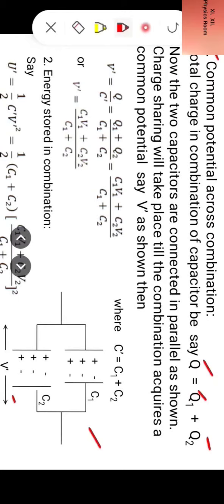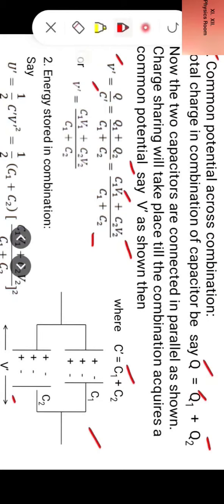Then V dash is equal to Q divided by C dash, or it is equal to Q1 plus Q2 by C1 plus C2, or it is equal to C1 V1 plus C2 V2 divided by C1 plus C2, where C dash is equal to C1 plus C2, because when two capacitors are connected in parallel, their equivalent capacity is equal to algebraic sum of the two capacities.